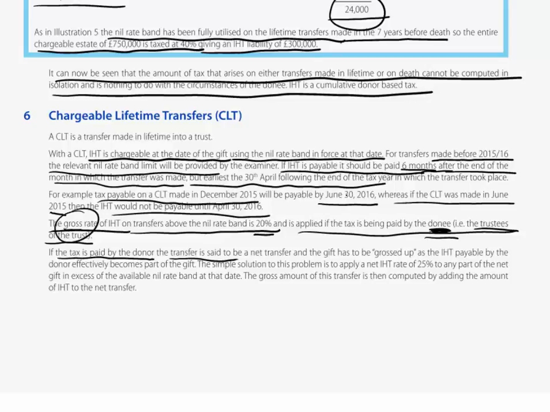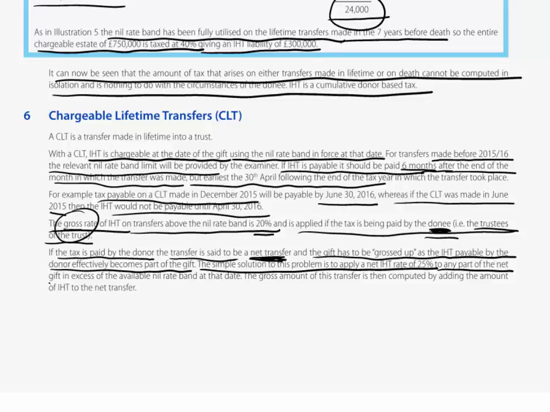If the donor pays, it's said to be a net transfer. And the gift has to be grossed up as the IHT payable by the donor effectively becomes a part of the gift.